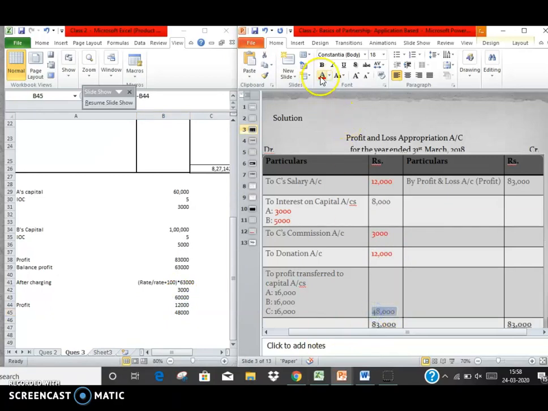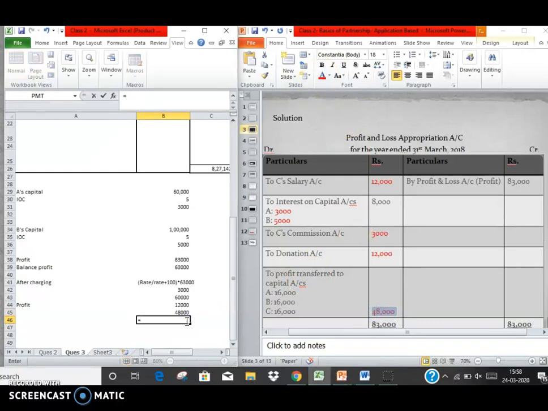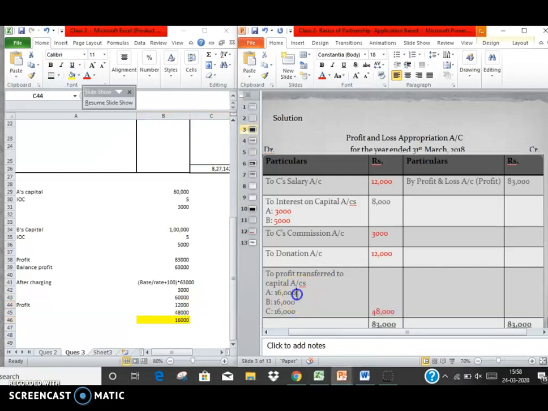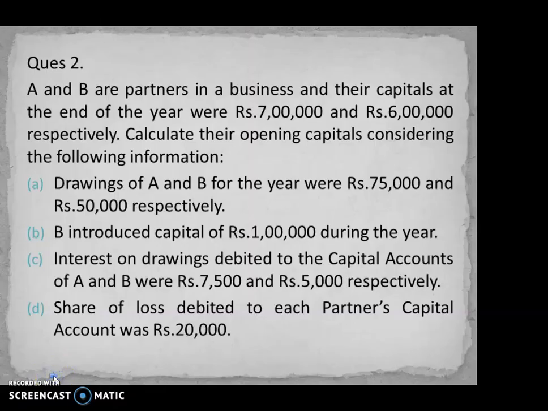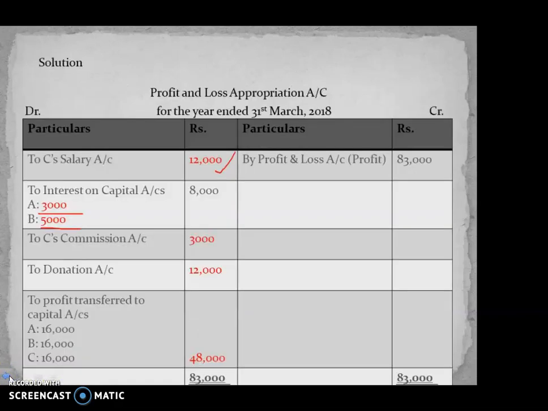If you divide it between 3 partners, you have to divide it by 3 since they are sharing the ratio equally. So you are getting 16,000. So each partner is getting 16,000. Clear? I hope this question is clear to all of you.